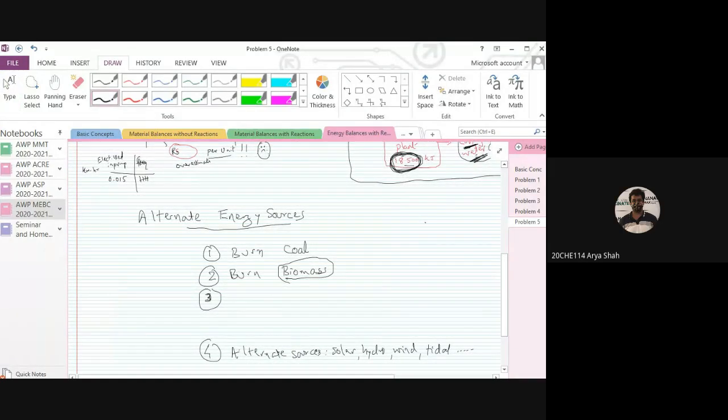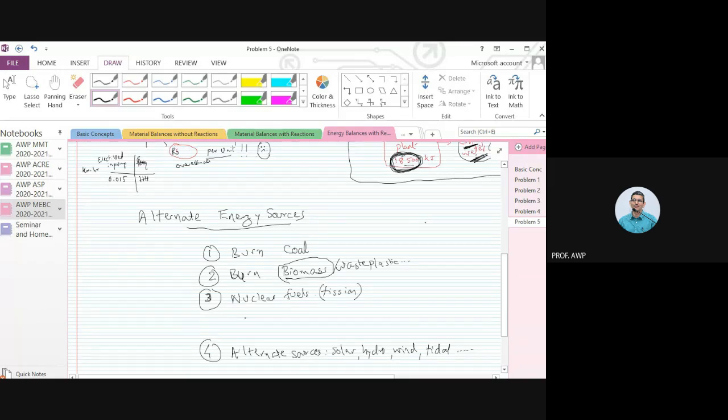Any other? Sir, waste plastics. Right, okay, so biomass, waste plastic, fine. Okay, any other source? Anybody likes Einstein? So nuclear energy. Nuclear, right? So use nuclear fuels. They generate electricity by fission.